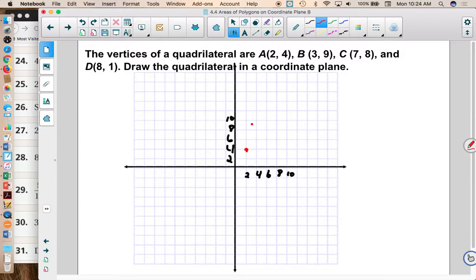C is (7, 8). 6, 7, 8, about center. And then again at (8, 1). Okay? Once you get all those points in there, then you need to connect the dots, so to speak.